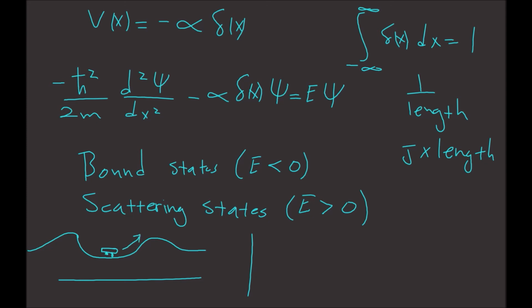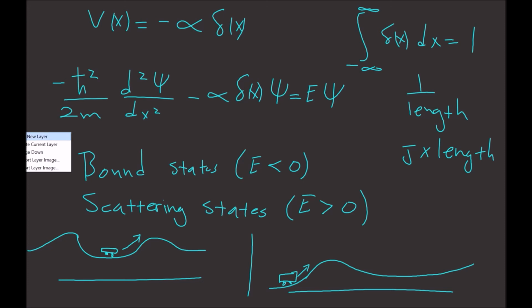On the other hand, in the scattering state, let's say we have our car here. The energy of the car is greater than the energy of this potential, so it's going to go through here and come down. So that's what I mean by bound states and scattering states. The Schrodinger equation here has both in it, so our job now is to solve it.